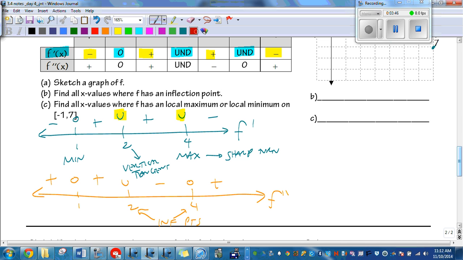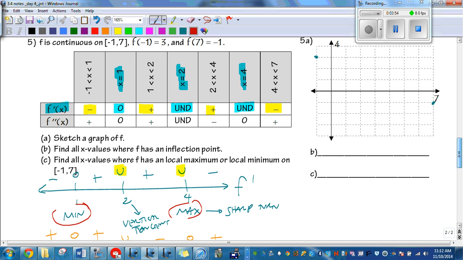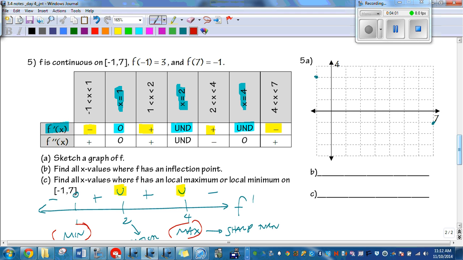Well, now we have to go ahead and graph these points. We need to have our minimum, maximum, and our two inflection points plotted on this graph. So we're going to start with our min and our max. We have a minimum at x equals 1, but there's not a point plotted there, so we have to decide where that goes. And really, we can go anywhere as long as it's lower than this point, because it's going to have to go down. The derivative is negative, so f is decreasing, so it has to be lower than this point.